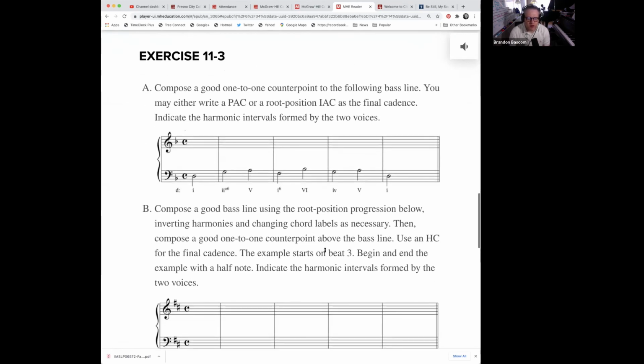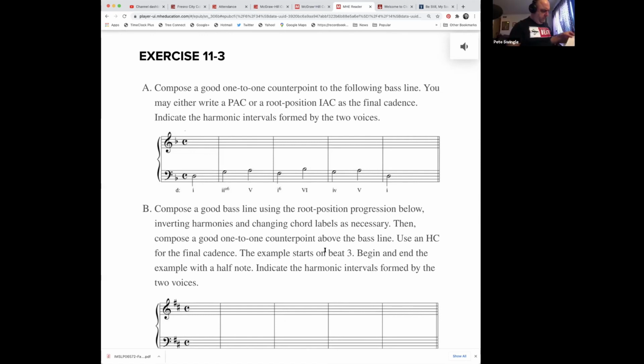We're to this part on page 93. Are we? I think 93 is the next chapter.